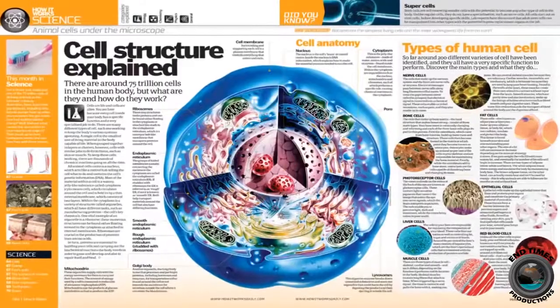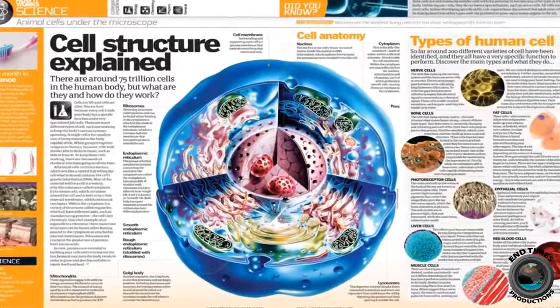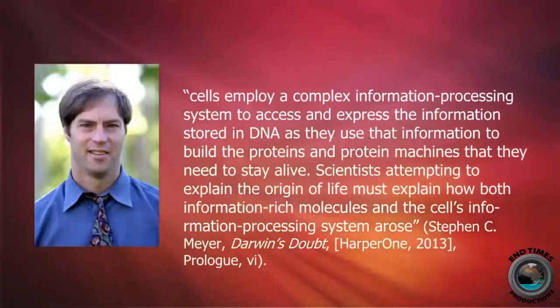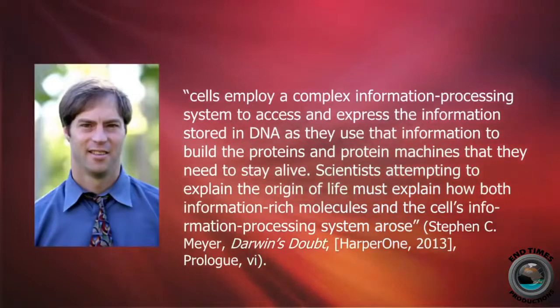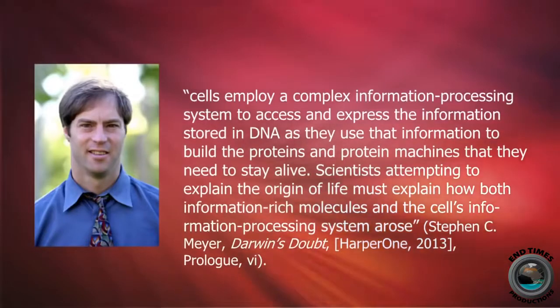This astonishing complexity of the cell is evidence it did not arise naturally. As Stephen Meyer notes, cells employ a complex information processing system to access and express the information stored in DNA, as they use that information to build the proteins and protein machines that they need to stay alive.